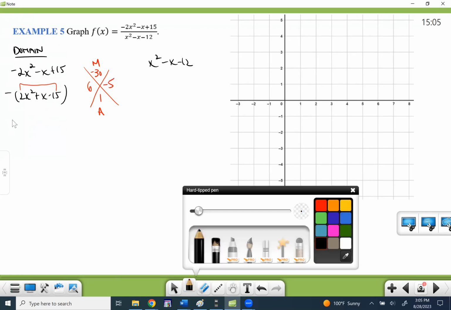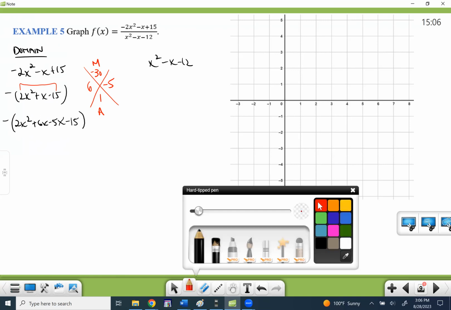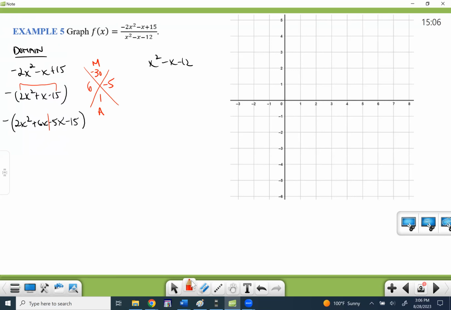So we're going to have our negative sign, 2x squared. We're going to use the 6 and the negative 5 to rewrite the 1x. Slice this guy down the middle and use factoring by grouping from there. So I'm going to take out a 2x.